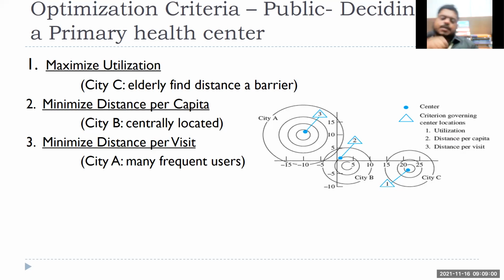So if there are three cities and you have the fund to put only one primary healthcare center or a small hospital, right? Where should you put it?